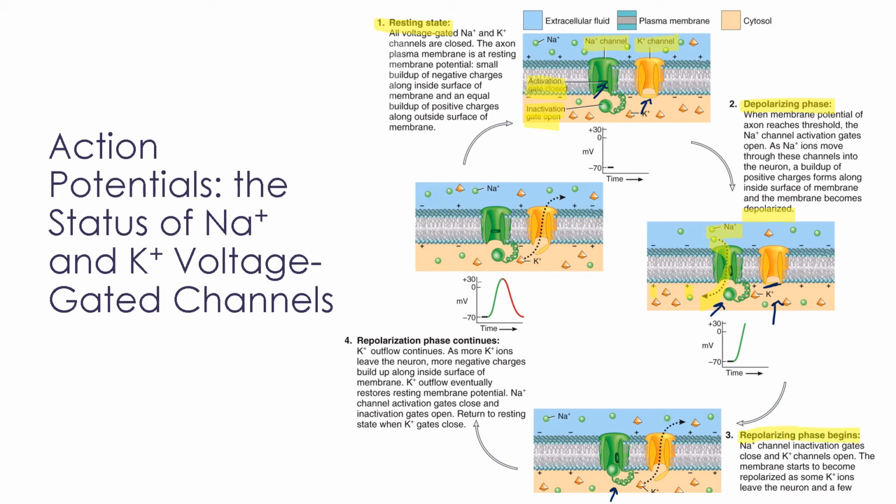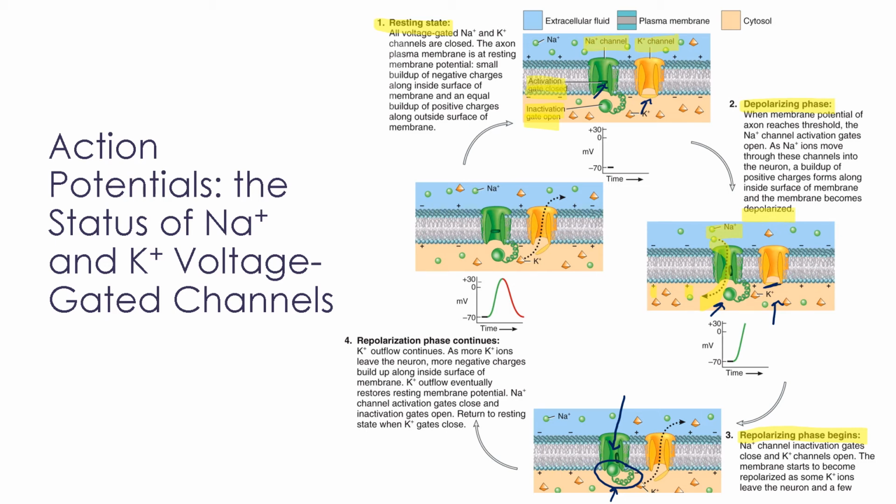This is where we get that repolarizing phase. So during this repolarizing phase, the sodium channels are still technically open. You can see this activation gate is still technically open, but they are inactivated. We have this plug that plugs up the bottom of the sodium channel that still does not allow anything through.